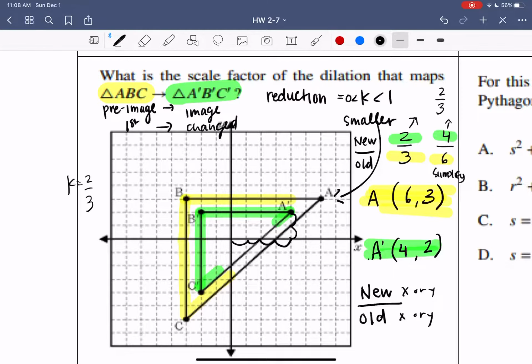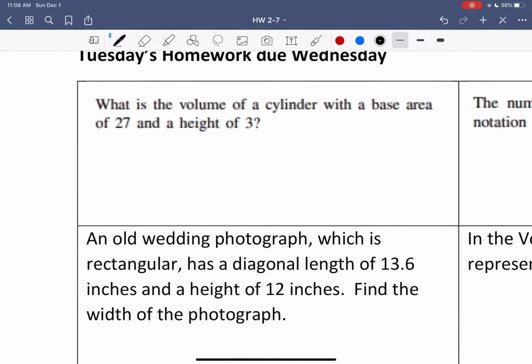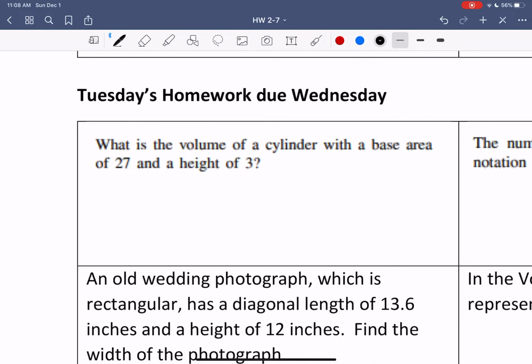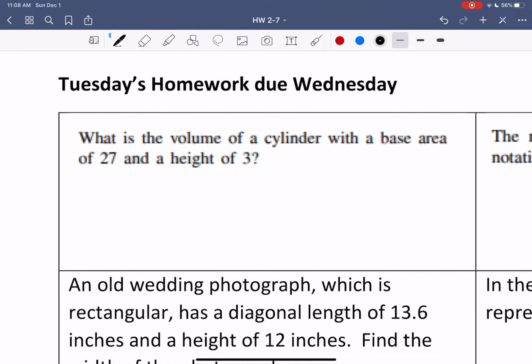All right. Moving to Tuesday, what is the volume of a cylinder with a base of 27 and a height of 3? So I'm going to go ahead and draw, so again, we have our cylinder. We have a height of 3 and a base area.